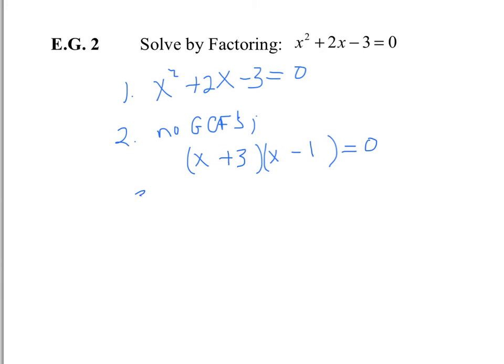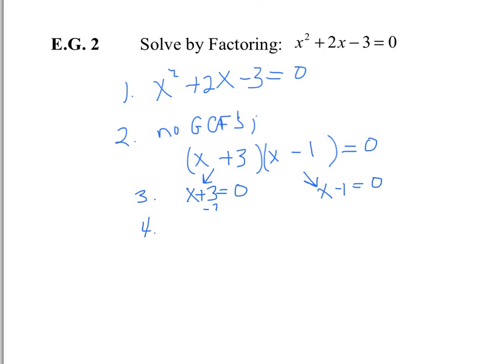In step 3, we're going to set up each of these factors: x plus 3 equals 0, which will help us find that x value, and then x minus 1 equals 0, which will help us find that x value. So in step 4, you're solving.